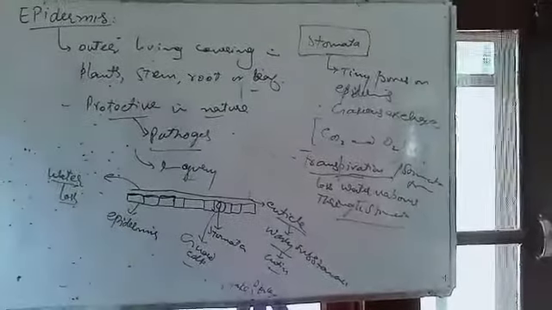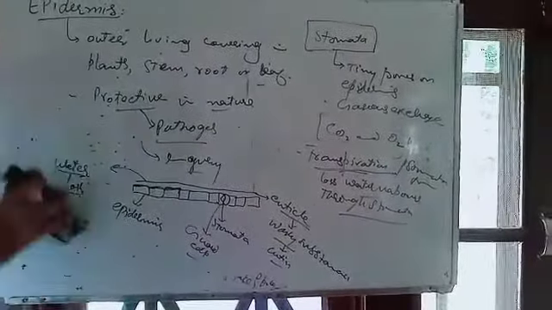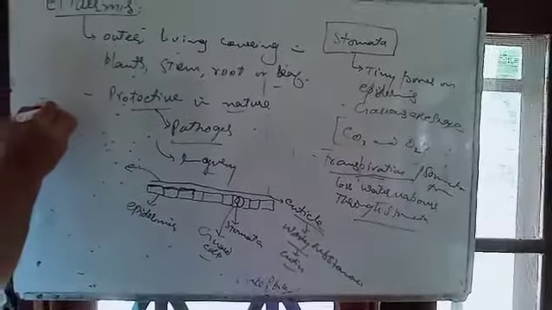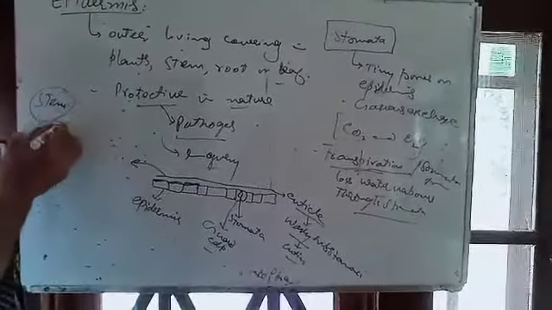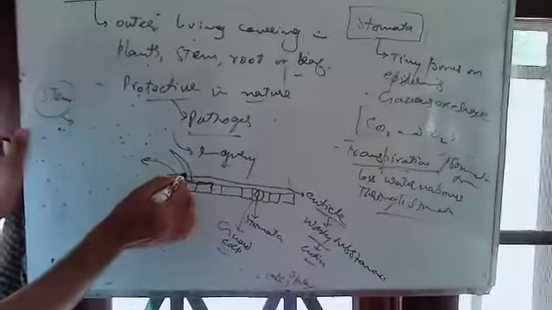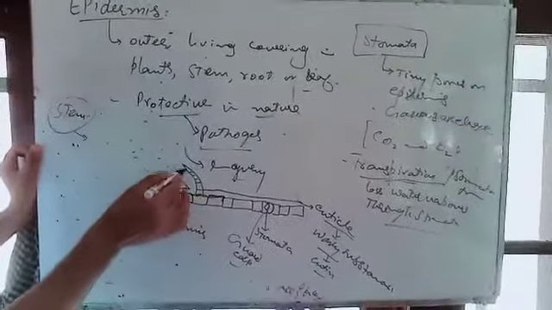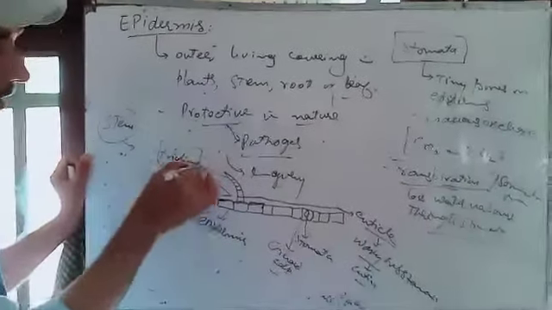Now I already told you that this epidermis is present over the stem also. And the epidermal cells, in case of stems, have multicellular hair-like structures, or you can say trichomes.